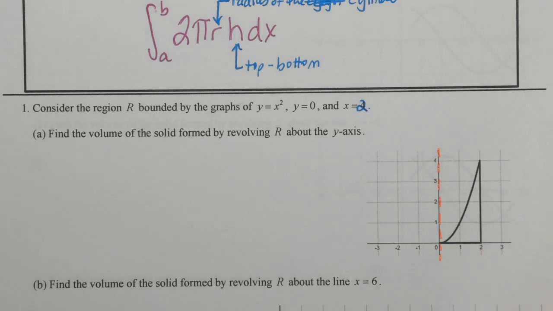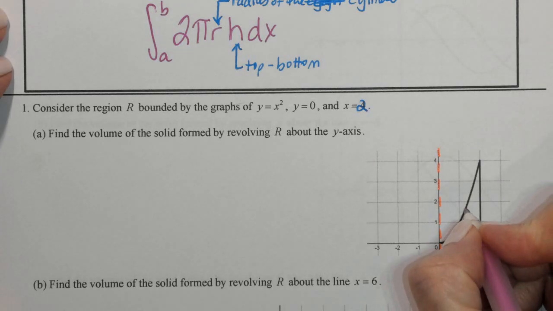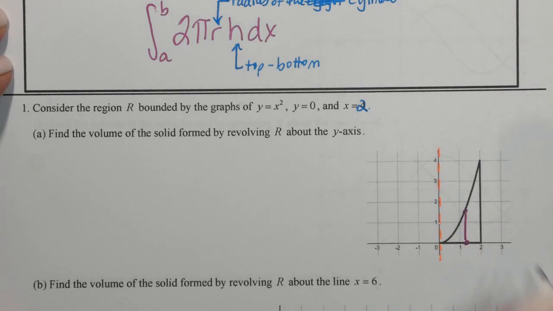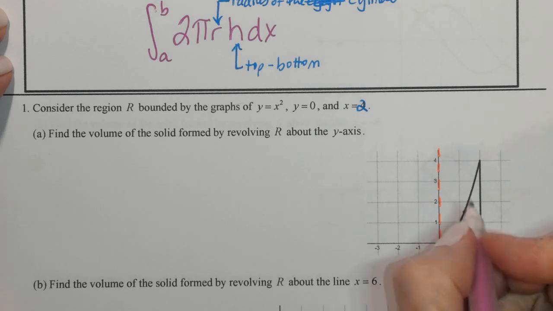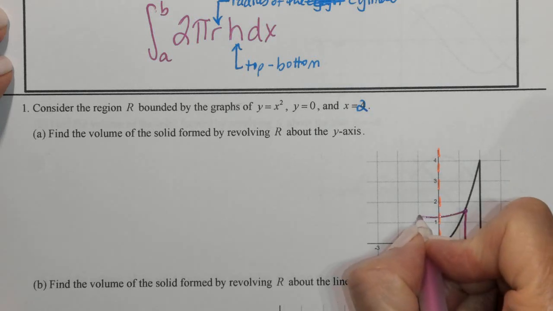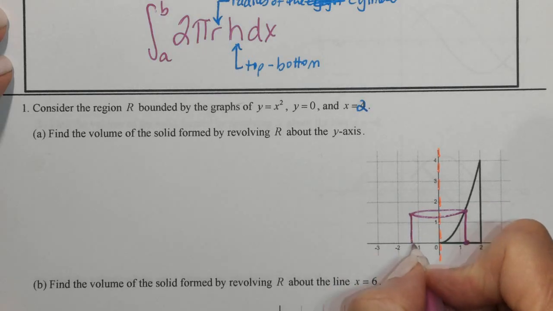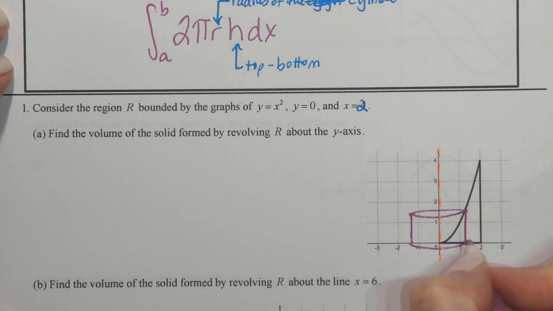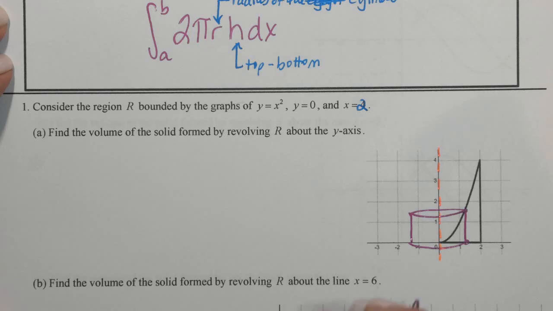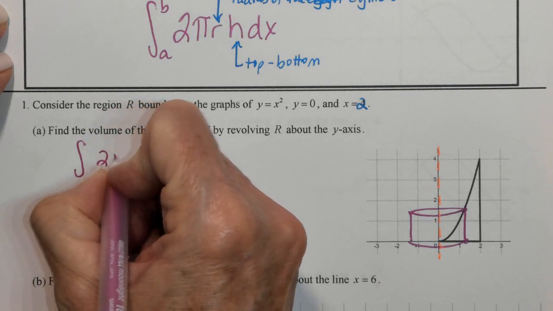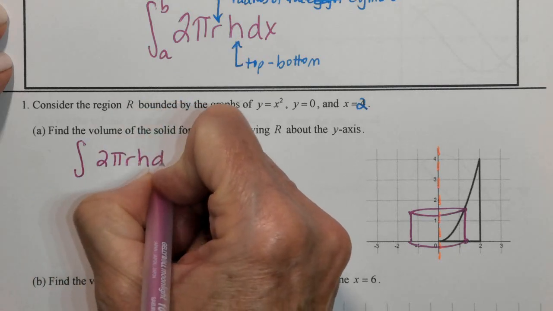Okay, here's how I do it. I'm going to draw one vertical slice, top minus bottom, in the region. And I'm going to rotate that one, just that one. You don't have to draw all of it, but it might help you to draw one. Okay? Our formula for the cylindrical shell method, 2 pi r h dx.